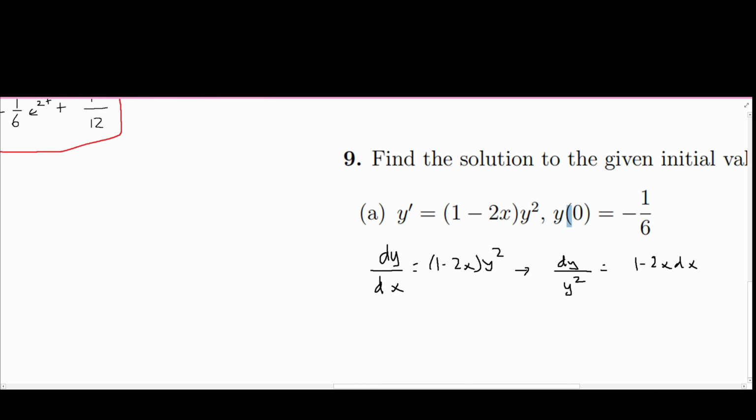We're going to use separable equations to get these two by themselves. After using separable equations, we can see that we have dy over y squared is equal to 1 minus 2x dx. Now we take the integral of both sides.